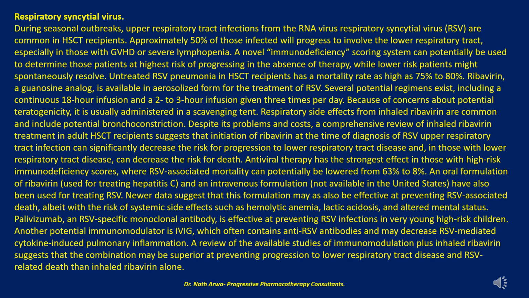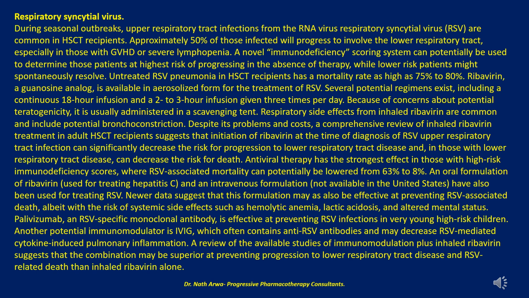Antiviral therapy has the strongest effect in those with high-risk immunodeficiency scores, where RSV-associated mortality can potentially be lowered from 63% to 8%. An oral formulation of ribavirin, used for treating hepatitis C, and an intravenous formulation, not available in the United States, have also been used for treating RSV.